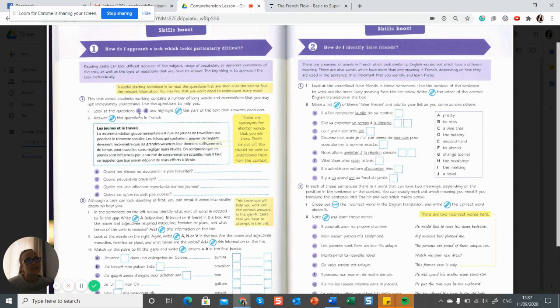So there are a lot of different techniques, like using your synonyms, reading before and after for the context, trying to use the grammatical job of the word to help understand what it means. For example, endings.